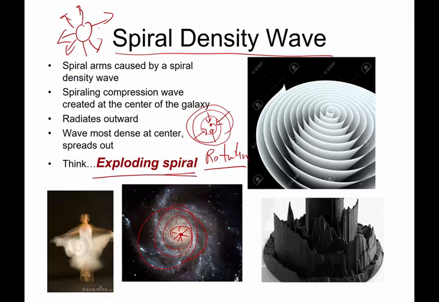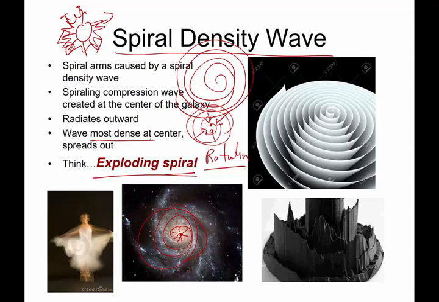And each one of these compressions given off by the explosion is trapped in these spiral arms. So it doesn't just go outward, it's kind of exploding outward like that. Very odd, not the sort of thing you see in normal everyday life. But it will explain why there is the most density at the center and less density as it radiates outward.